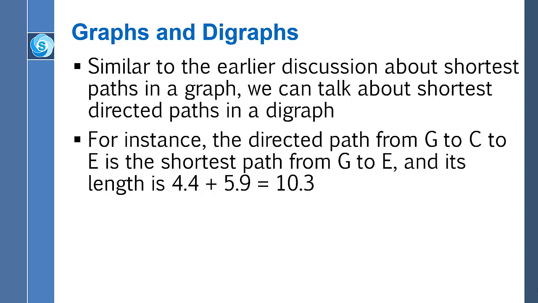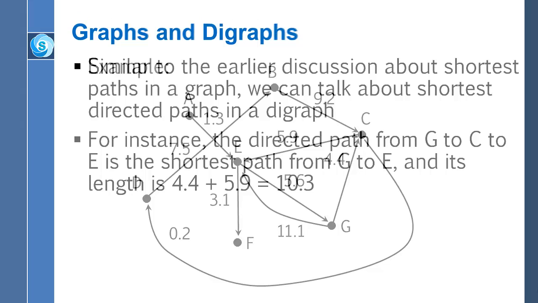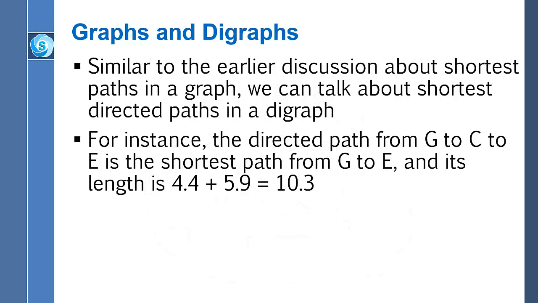For example, we can see that there's a directed path that goes from G to C to E, and the length of that path is 4.4 plus 5.9, which equals 10.3. That's because the weight of the arc from G to C is 4.4, and the weight of the arc from C to E is 5.9.